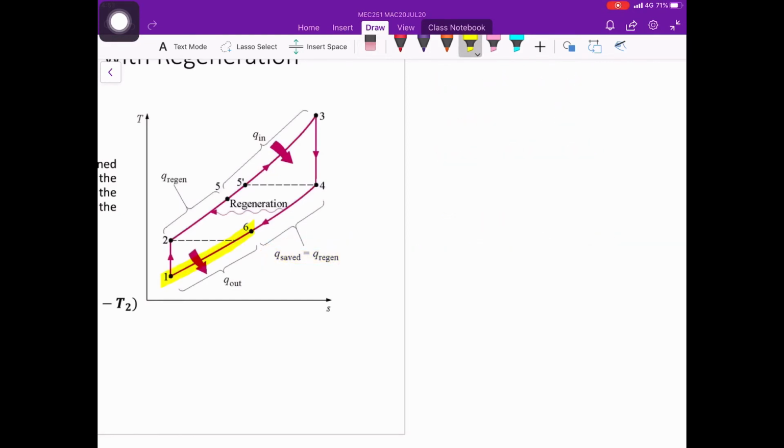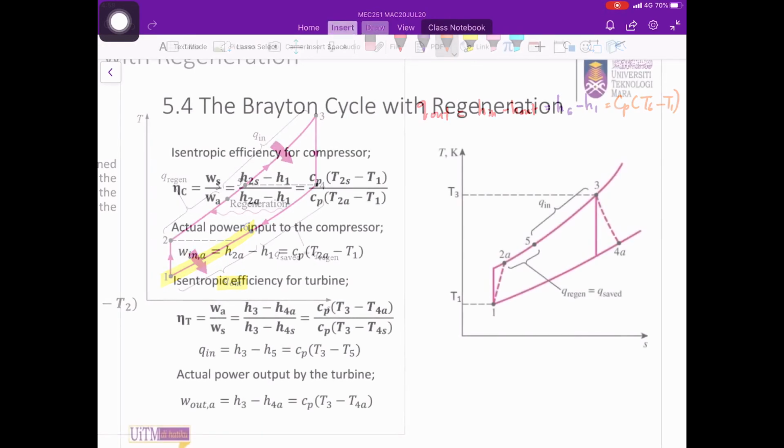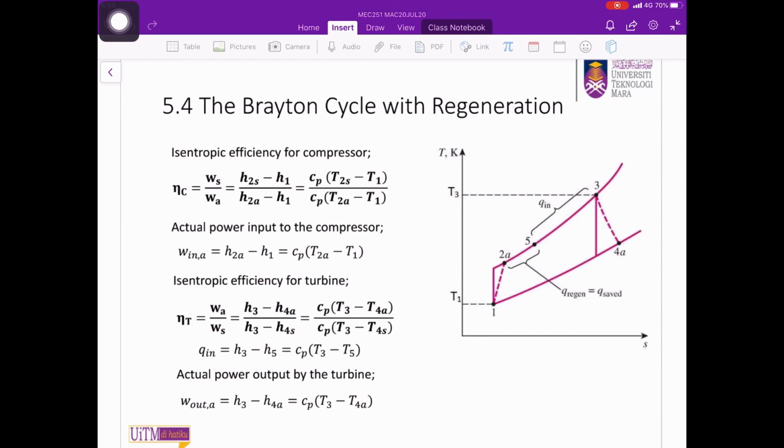The heat that is rejected to the atmosphere is considered to occur from state 6 to 1. Therefore, the steady flow energy equation analysis will give us Q out equal to Cp times T6 minus T1. We also know that in the actual case, the processes across the compressor and turbine are not isentropic. If given the isentropic efficiency for the devices, we can determine the actual properties leaving the compressor and turbine.